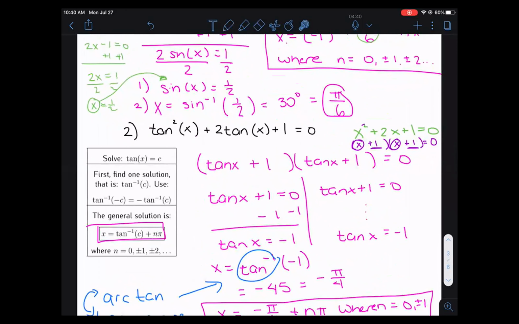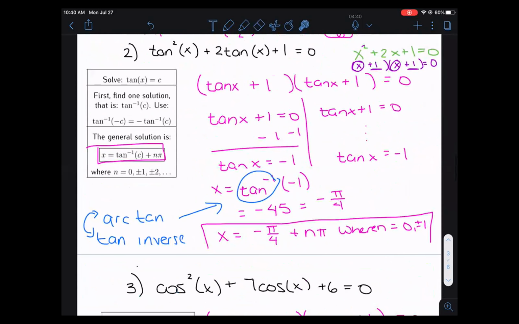So here you have tangent squared x plus 2 tangent x plus 1 equal to 0. As you can see, this actually has a little squared on top of it. You see a whole bunch of writing on this.